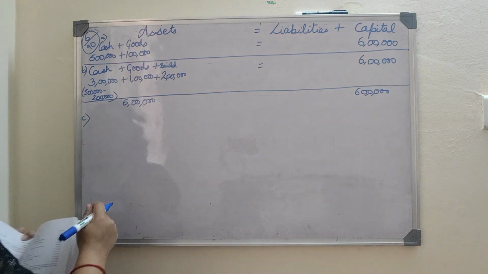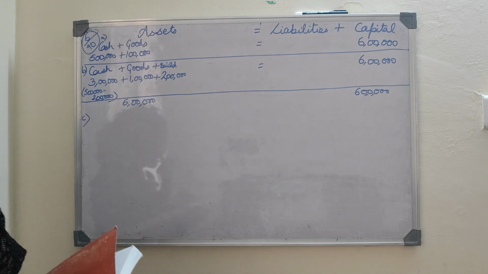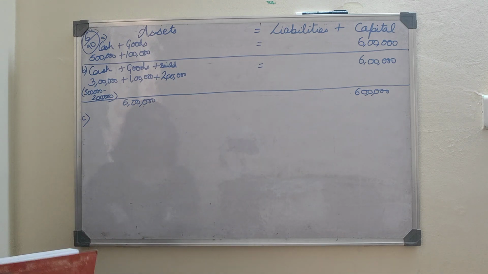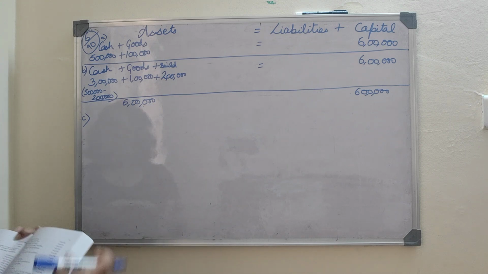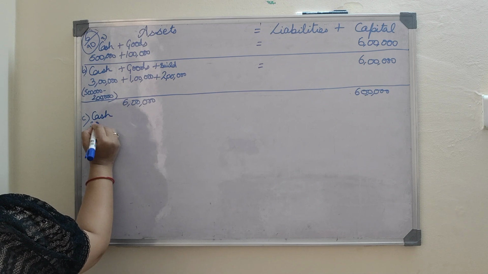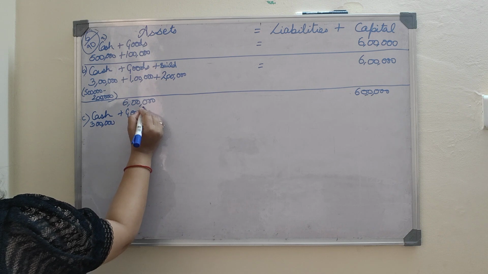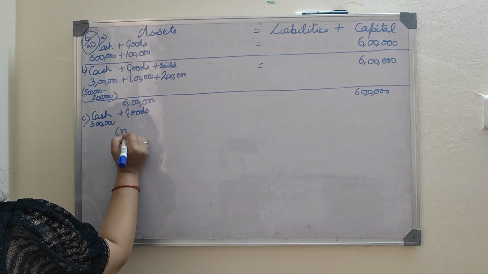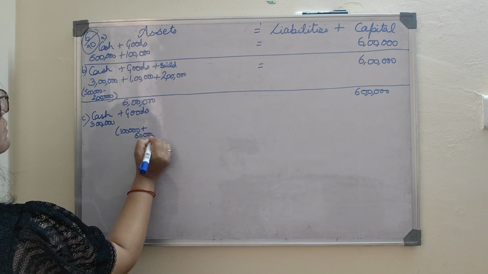Now we move to the next one. Purchase goods from Himani for 50,000. It means Himani is our creditor. We have not paid money to Himani and we have purchased goods. So it will be added in goods. Cash is not touched. It is for 50,000.